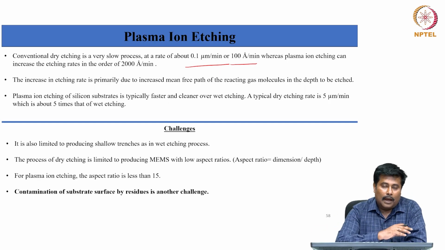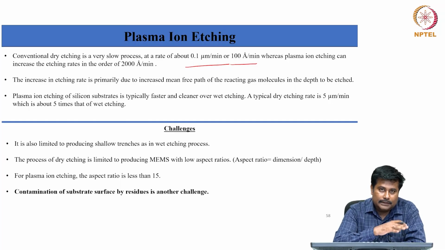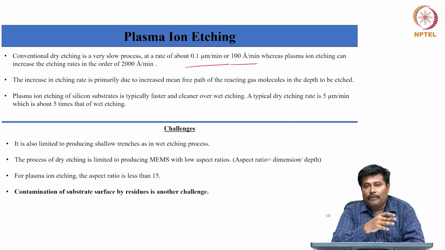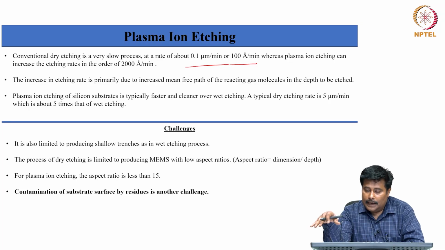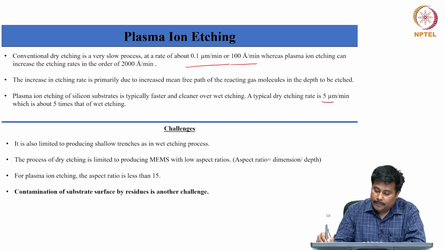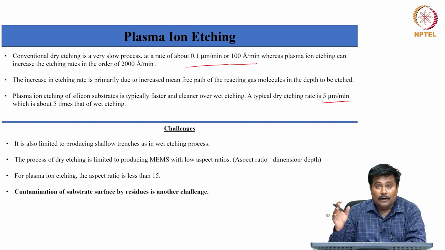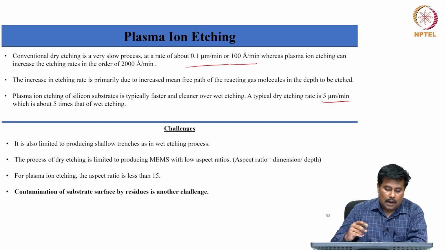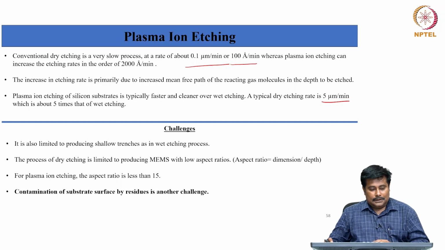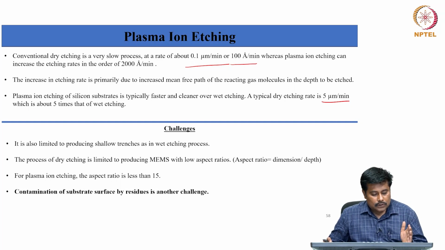So, plasma ion etching of silicon substrates is typically faster and cleaner than wet etching. A typical dry etching rate is 5 micrometer per minute, which is about 5 times that of the wet etching process.